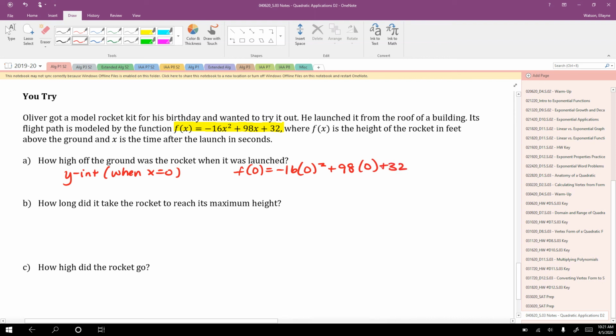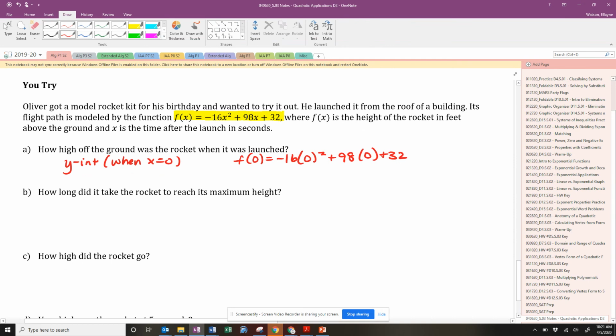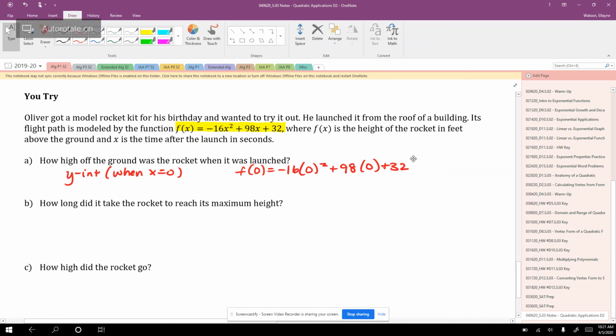And the answer is no, you don't have to do that. So if you already know that the y-intercept is when x equals 0, then you know it's going to be 32, but this shows the work. So my answer is 32 feet.